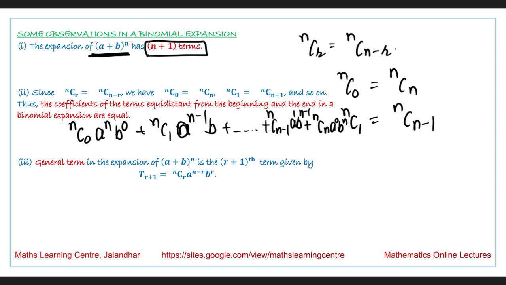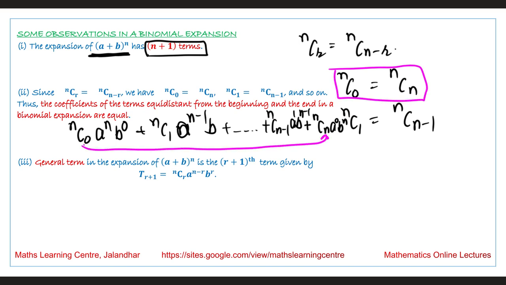Look at these terms: nC0 is equal to nCn, and nC1 is equal to nC(n-1). What we can observe from this is that the coefficients of the terms equidistant from the beginning and the end in a binomial expansion are equal. That is, nC0 equals nCn, nC1 equals nC(n-1), and all these corresponding coefficients are equal.